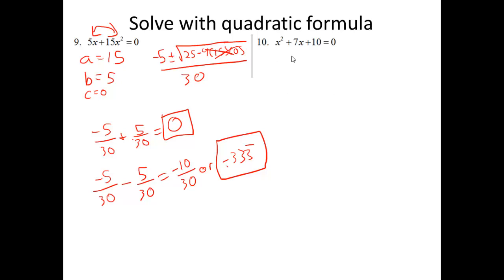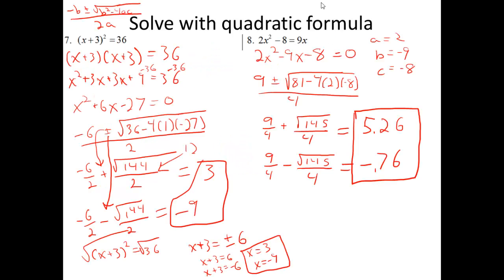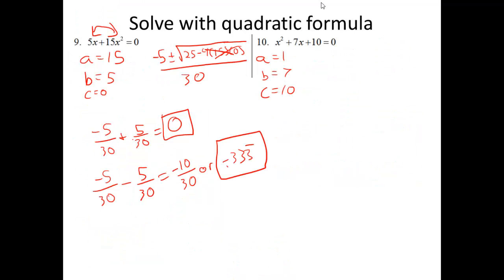For number 10, we have A is equal to 1, B is equal to 7, C is equal to 10. We have a negative 7. Again, we have negative 7 plus or minus the square root of 7 squared, which is 49, minus 4 times 1 times 10, all over 2.